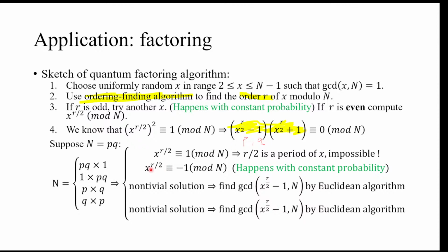The cases are a bit more complicated. There might be something a bit more subtle, but the high level idea is here. Think about if n just has two factors p and q.